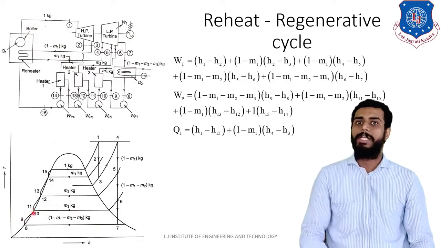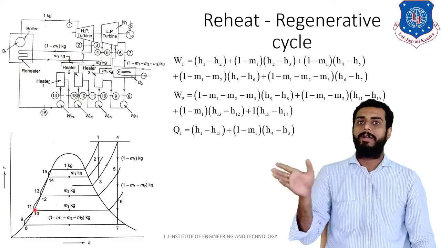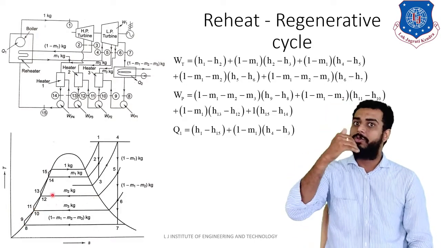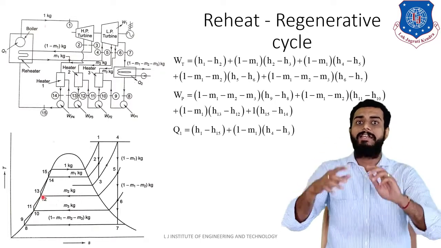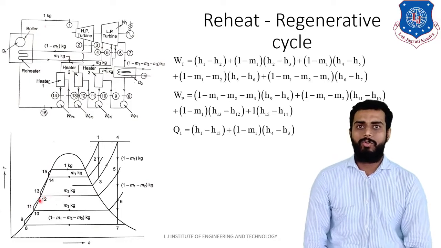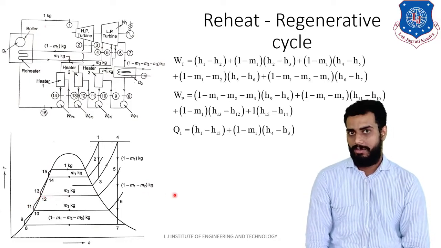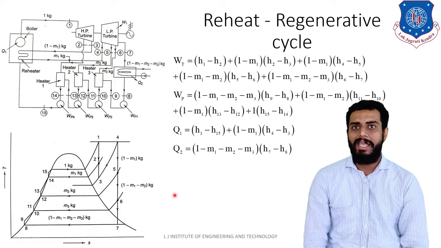Observe what is the function of heaters, heater 1, 2 and 3. There the heat is transferred from the steam to the water. So it is not heat rejected, it is intermediate heat transfer. Okay, clear?